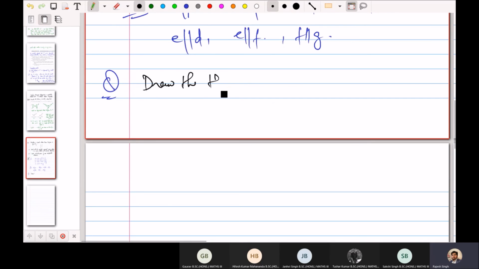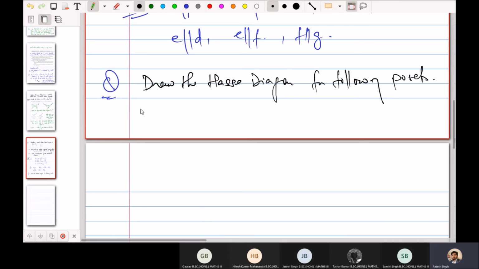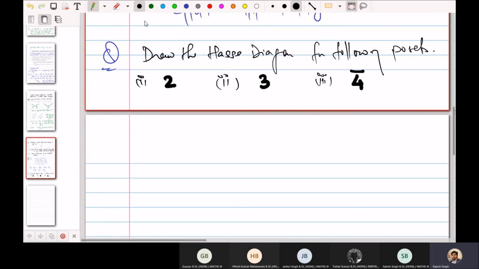Draw the Hasse diagram for following posets. First is 2, second is 3, third is 4.